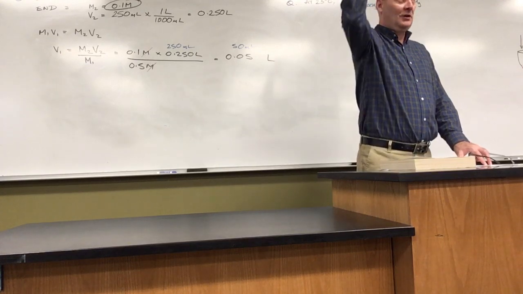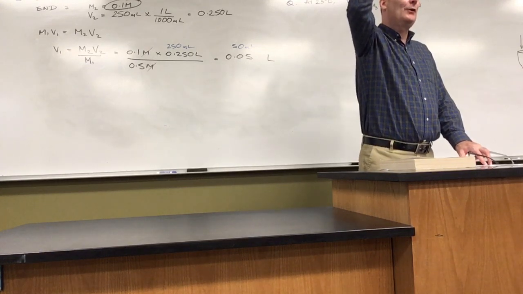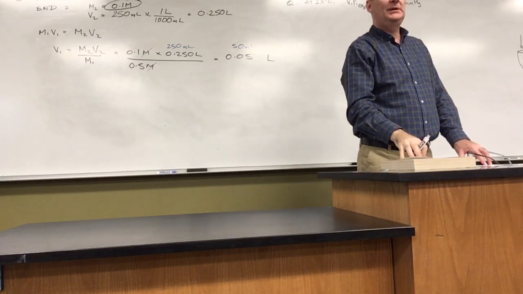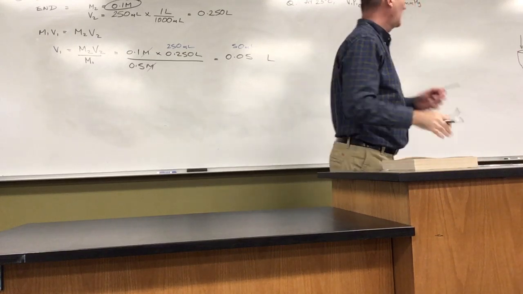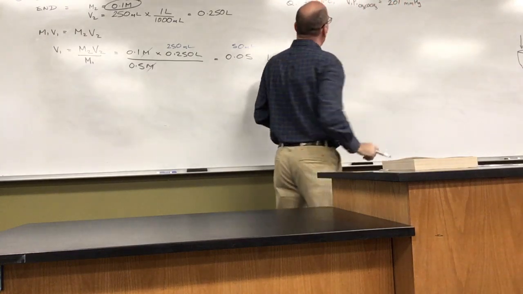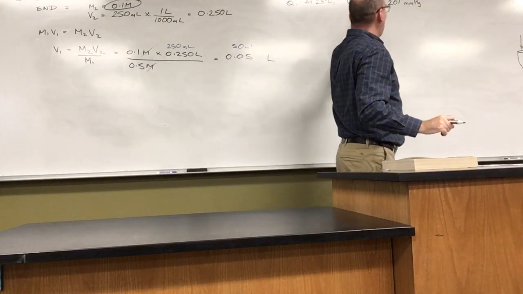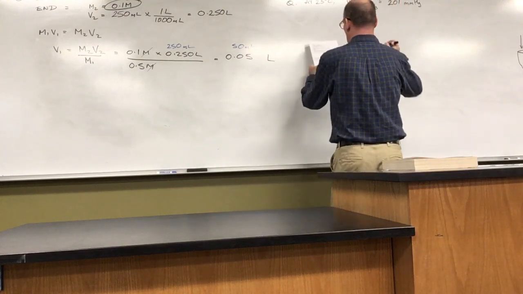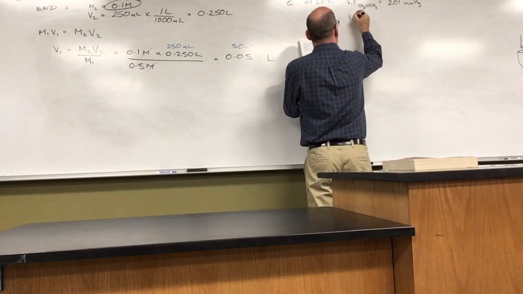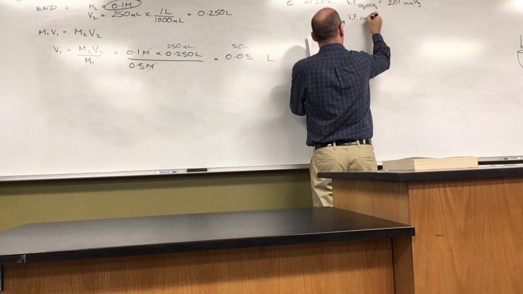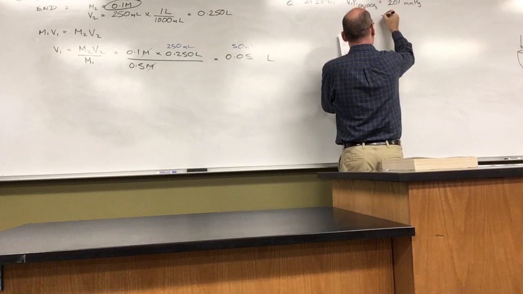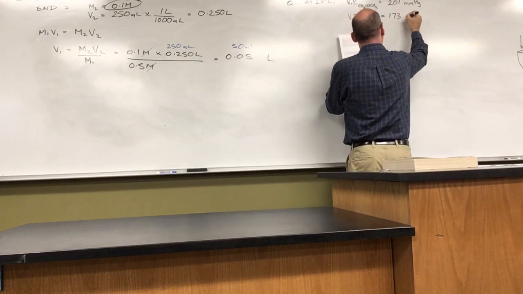So the pressure of the atmosphere pushing down right now on the top of your head is 760 millimeters of mercury. So the vapor pressure of acetone is 201, and the vapor pressure of chloroform, CHCl3, is 173.